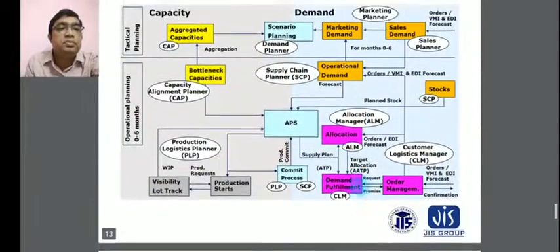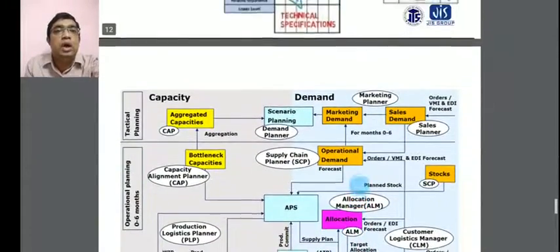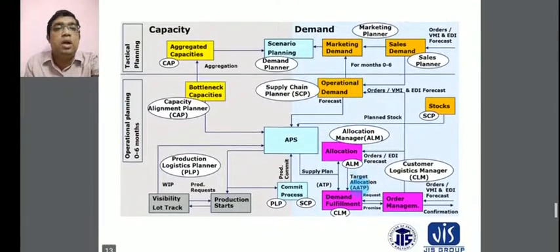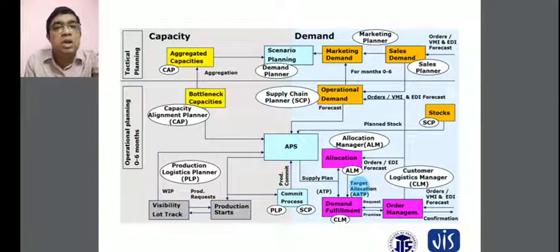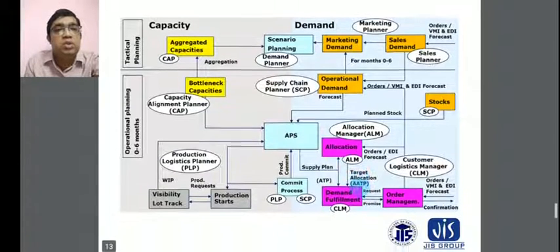Another thing here is a figure for the operational planning of 0 to 6 months, and the tactical planning procedures also come during this process.